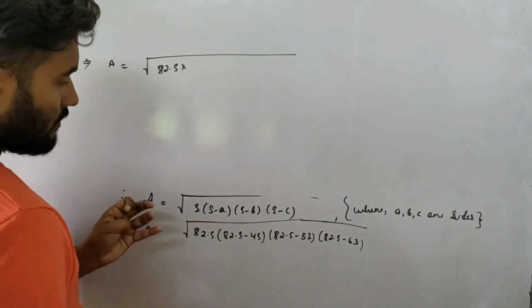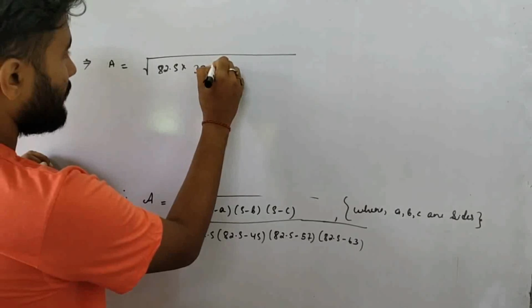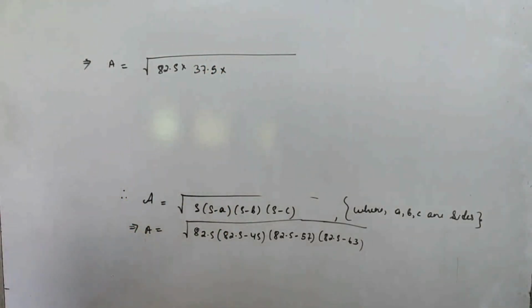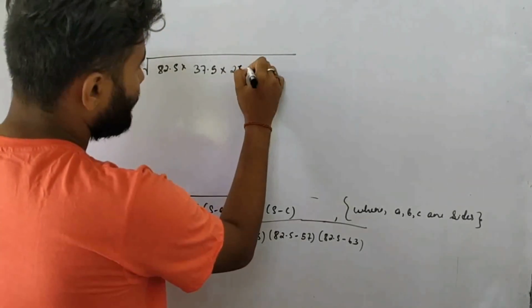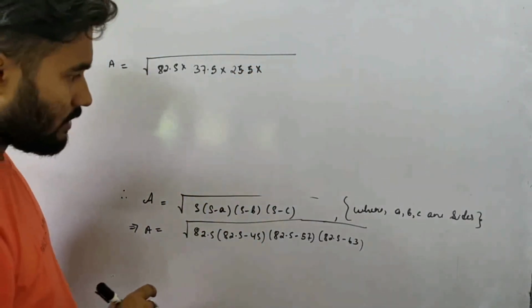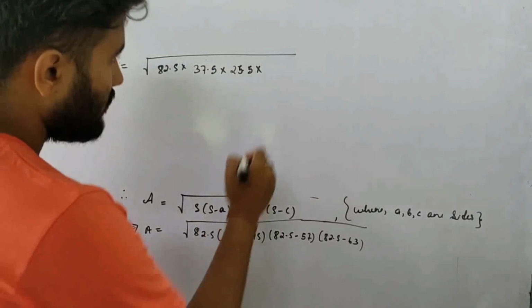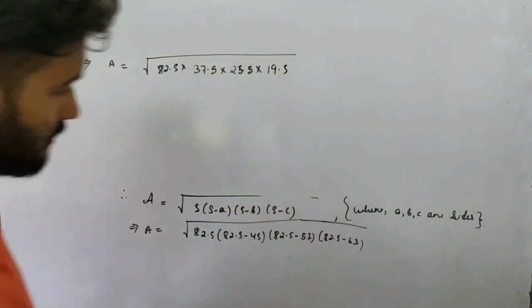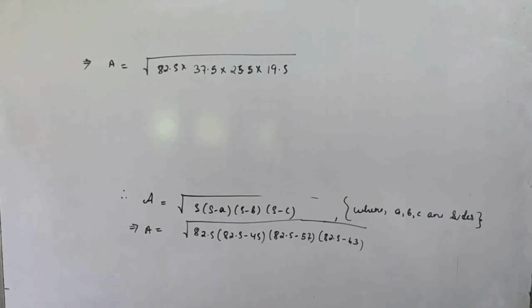Into next 82.5 minus 57, this will be 25.5, and this 82.5 minus 63 is 19.5. Okay, now everything is done.